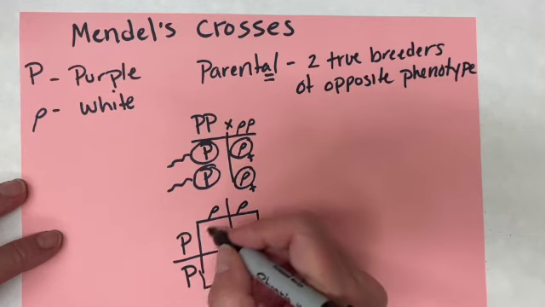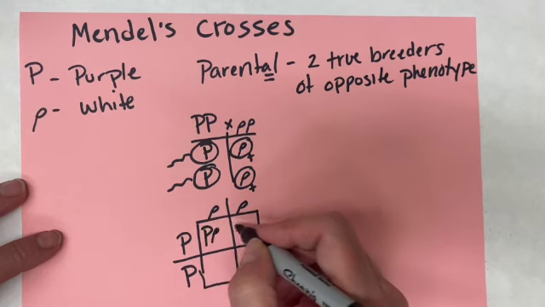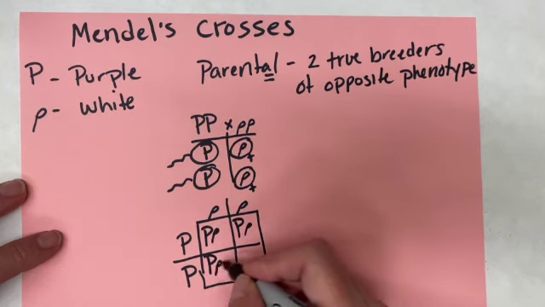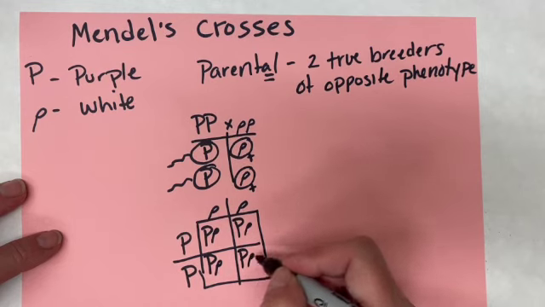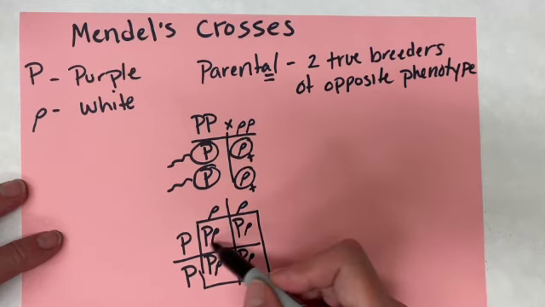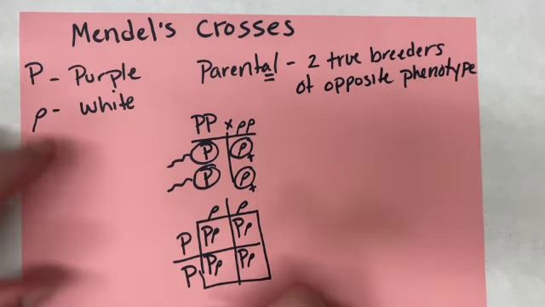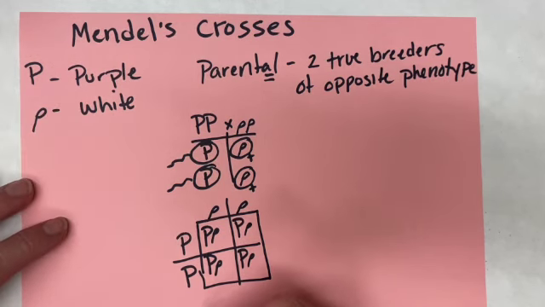So when sperm meets egg, we have this outcome. And notice that all of them are heterozygous. But if you look at the phenotype of that cross between the purple and white parentals, it turned out that 100% of the offspring were purple.